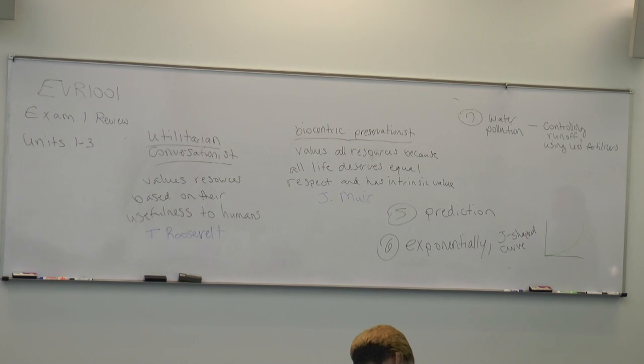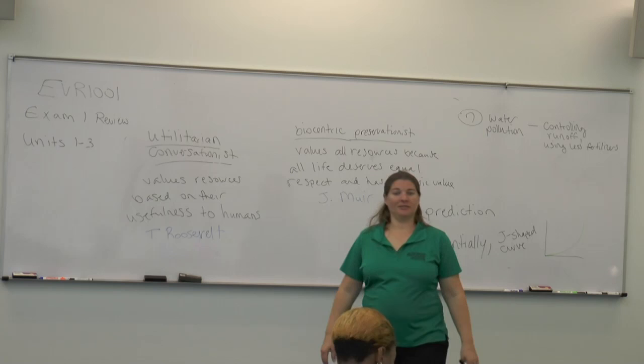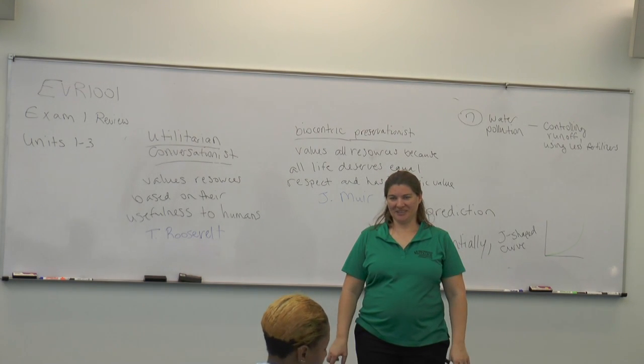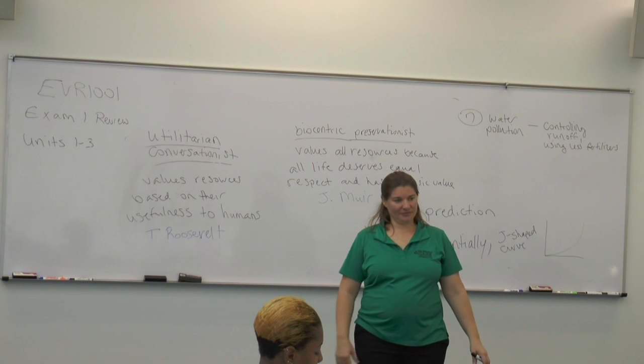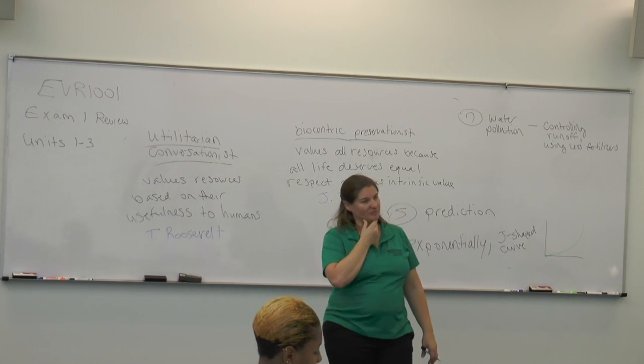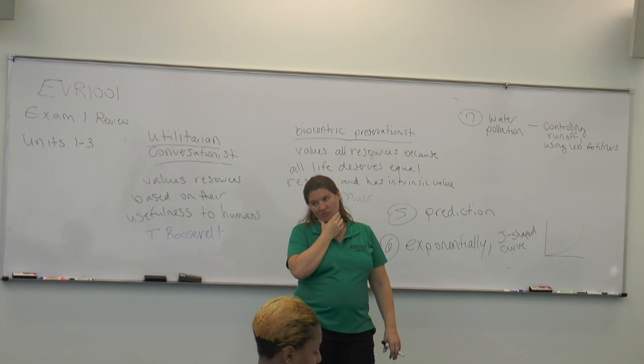All right, how about another environmental problem for somebody else who hasn't given me one? Give me an environmental problem. Come on, guys. Anything. What are some more examples of environmental problems? No? Any viruses, diseases?